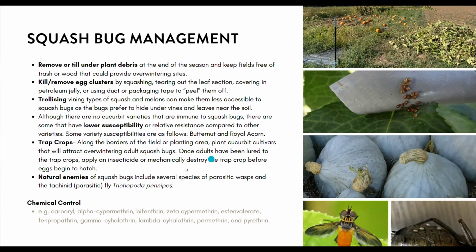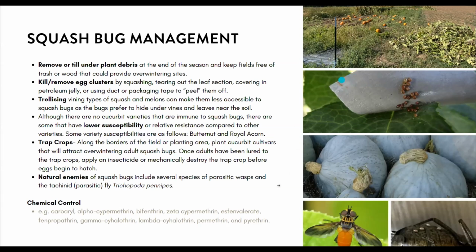A lot of our commercial growers will spray for squash bugs, and this is a good method if your timing is spot on. So I always recommend a couple weeks or pretty soon after you initially transplant your cucurbits, or if they're germinating, if you direct sowed, and just spray at the base of the plants to target that overwintering adult stage that has come there.